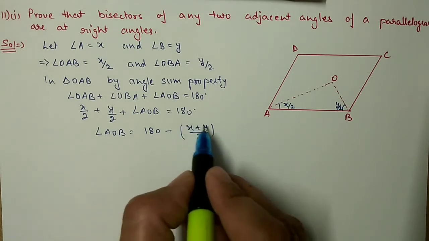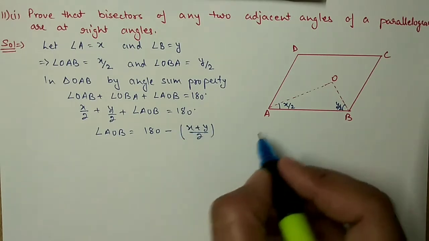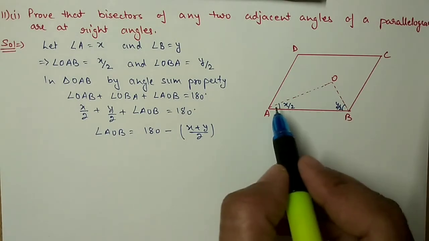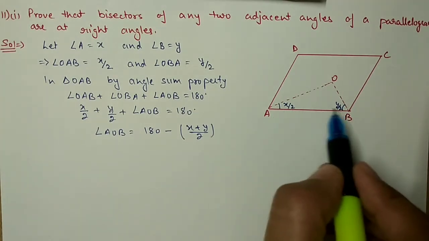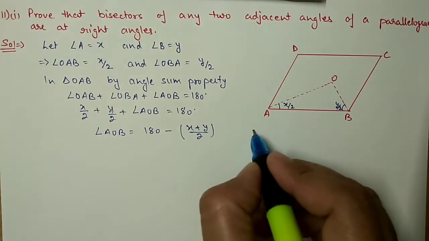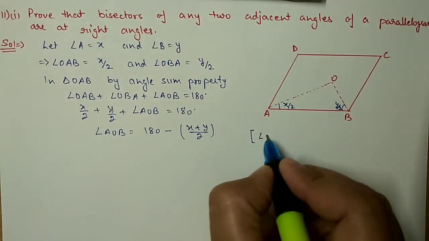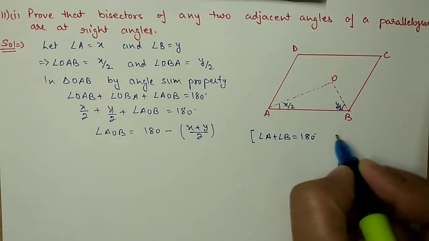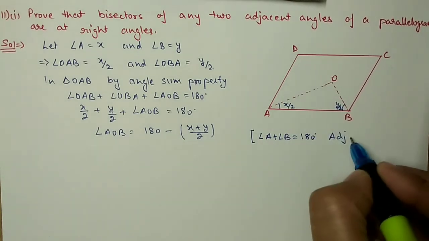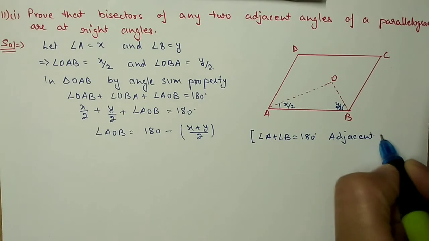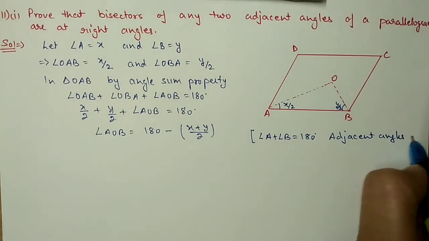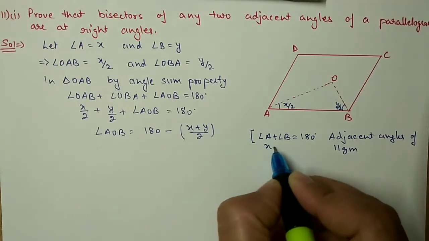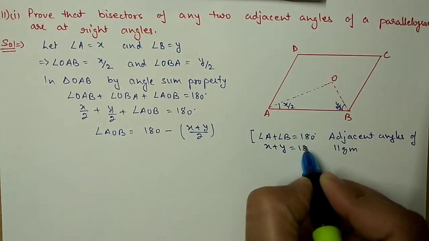Now we will find out the value of x plus y. As we know, this is a parallelogram, and in a parallelogram the sum of two adjacent angles is 180 degrees. So here we know angle A plus angle B is equal to 180 degrees, adjacent angles of a parallelogram. Or we can write x plus y is equal to 180 degrees.